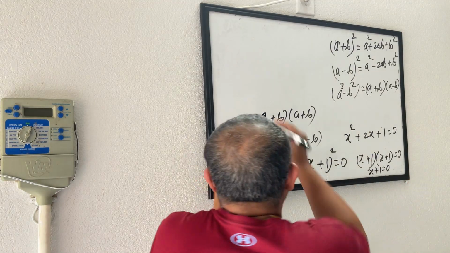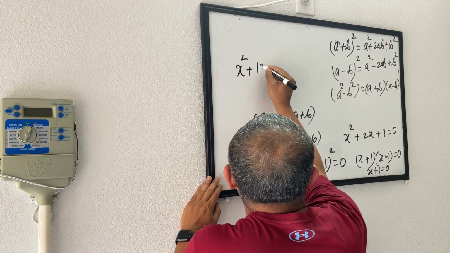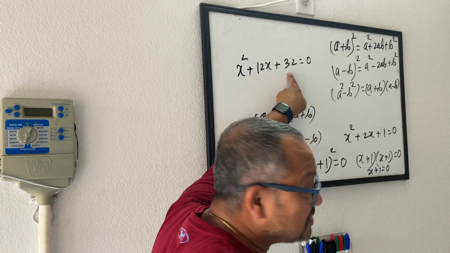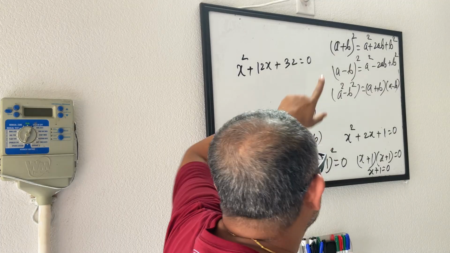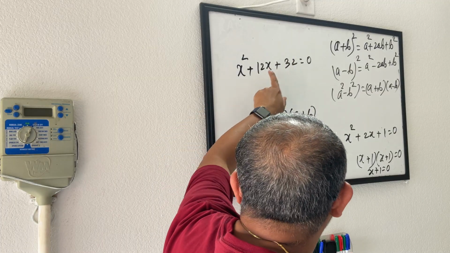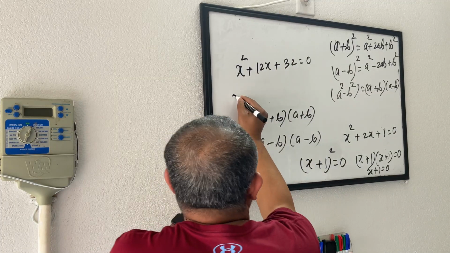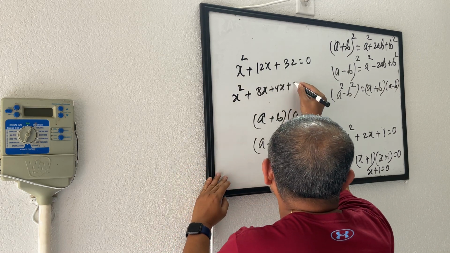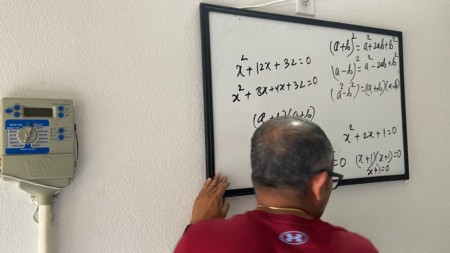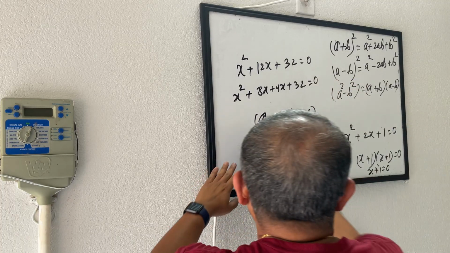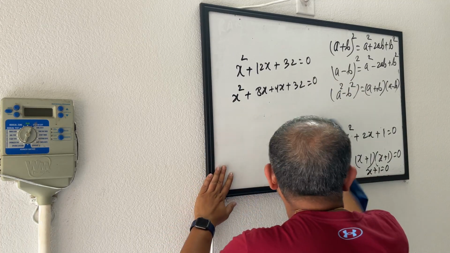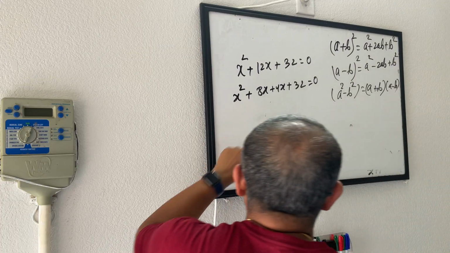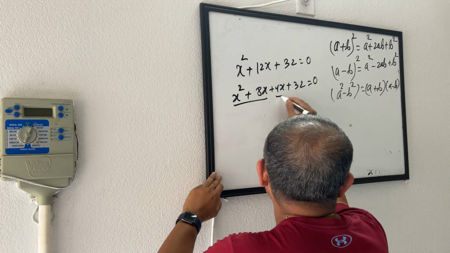Applying this formula, my life becomes easy. If I say x square plus 12x plus 32, is this a square? No. But this 12x I can break into x square plus 8x plus 4x plus 32 equal to 0, and then I can take these two together and these two together.